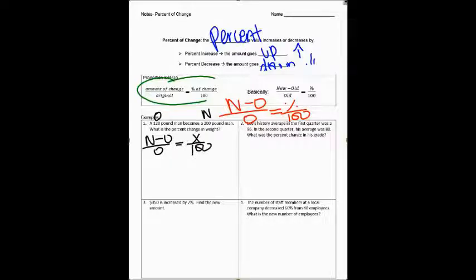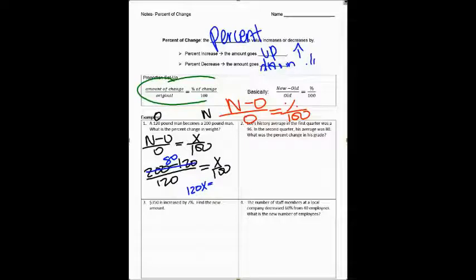So n minus o, so we have 200 minus 120 over the old, which is 120, equals the percent over 100. But 200 minus 120 is just 80. Now we have a regular proportion that we can just go ahead and solve for.